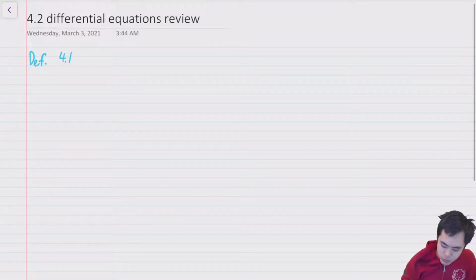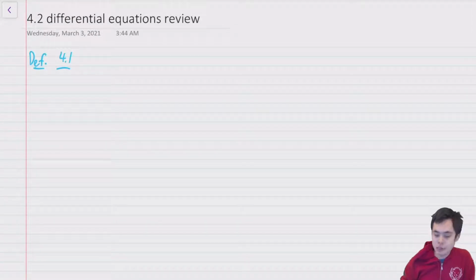So this is 4.1 in Linda Allen's textbook. So what is a differential equation?